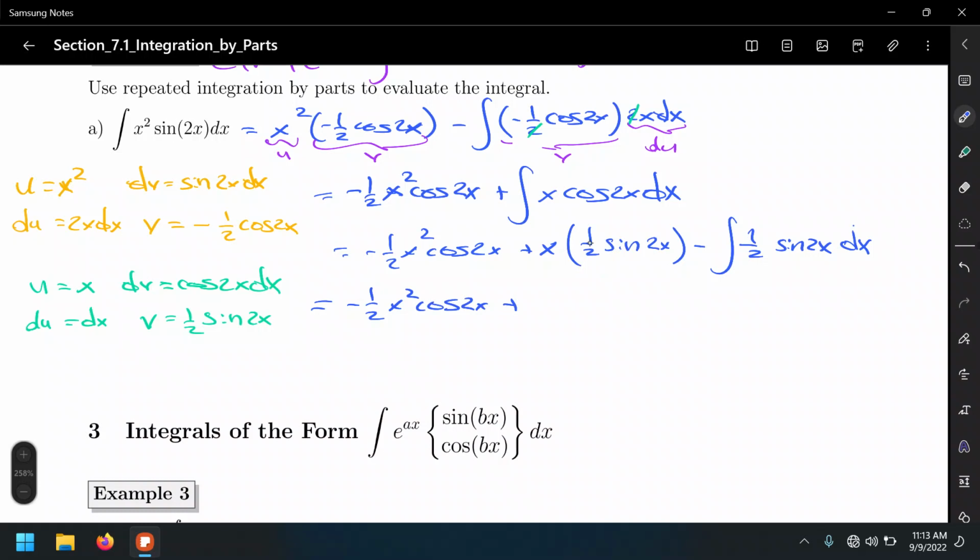I'm going to write this 1/2 factor in front of the x, sine 2x, and then minus 1/2. I'm going to take that constant outside of the integral, and that's the integral of sine of 2x. And this integral, this baby integral, we already did it here the first time we set up the integration by parts. So negative 1/2 x squared cosine 2x plus 1/2 x sine 2x.